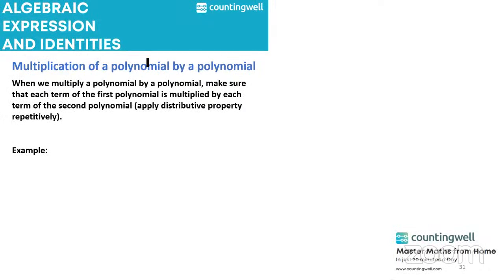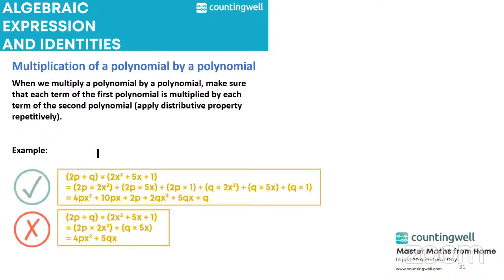Also, while you are multiplying a polynomial by a polynomial, make sure each term of the first polynomial is multiplied to each term of the second. So first, how are we doing it? We have to do (2p plus q) into the bracket. So we take 2p into 2x square, then 2p into 5x, then 2p into 1.